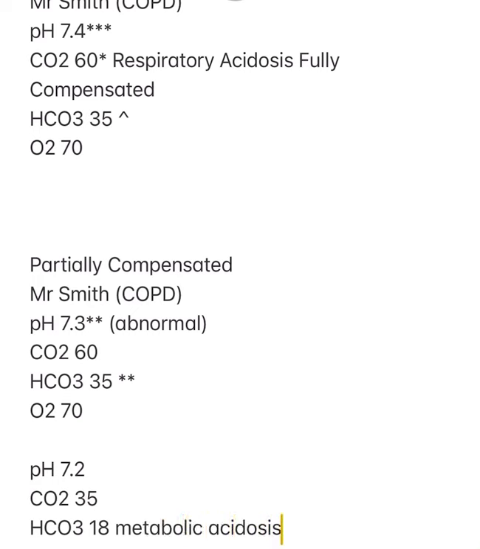Because bicarb is a base, when there is low bicarb, the pH will also be low, because if there's low base, it'll make the pH more acidic.